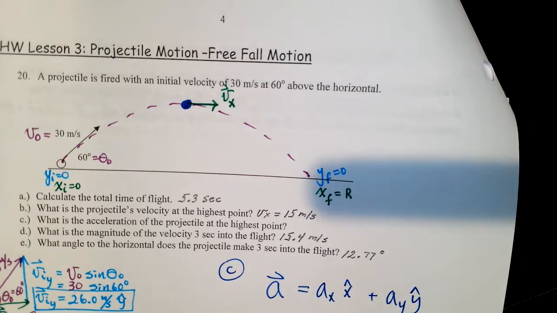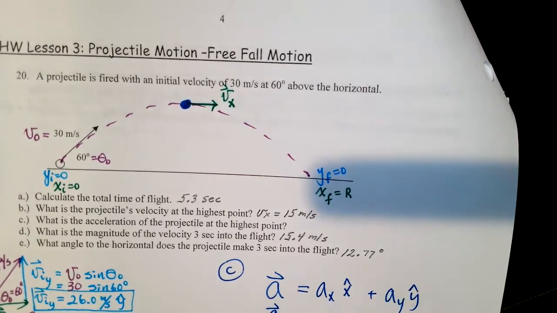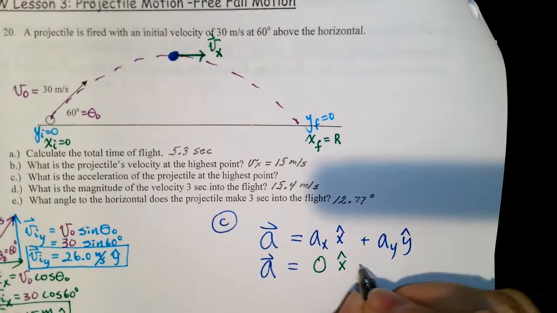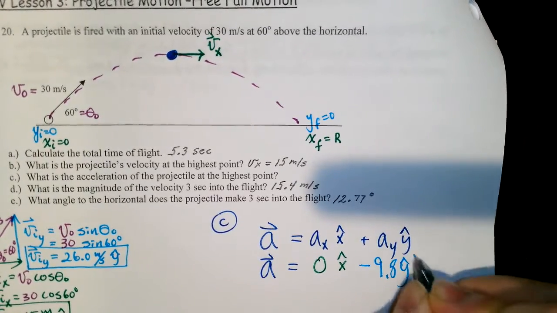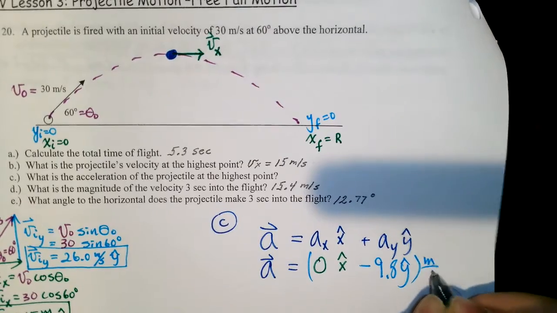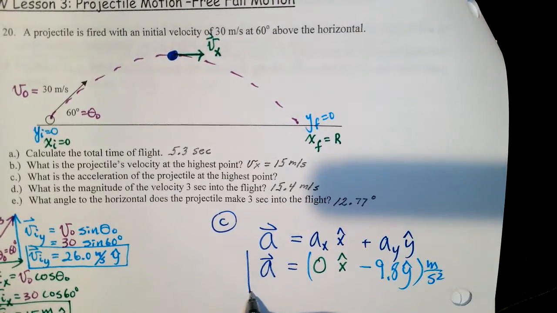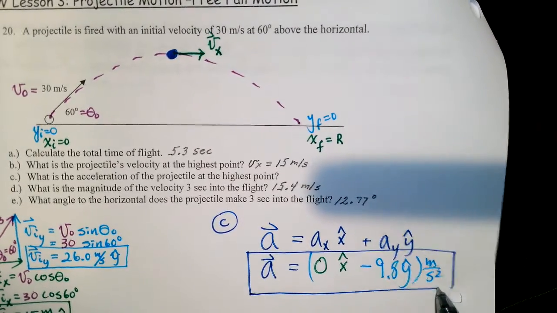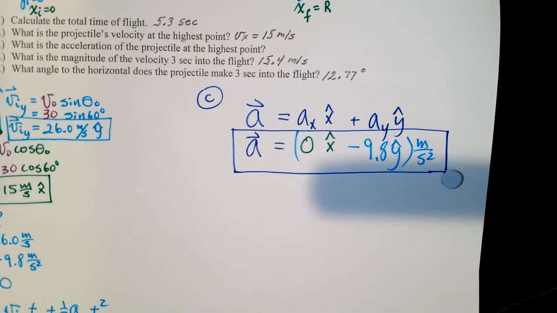We already know the acceleration in the x direction is 0. And we already know ay will always be negative 9.8 towards the center of the Earth. So my acceleration vector will always be 0 x hat plus negative 9.8 meters per second squared y hat. At any point, not just maximum height, but at any point.